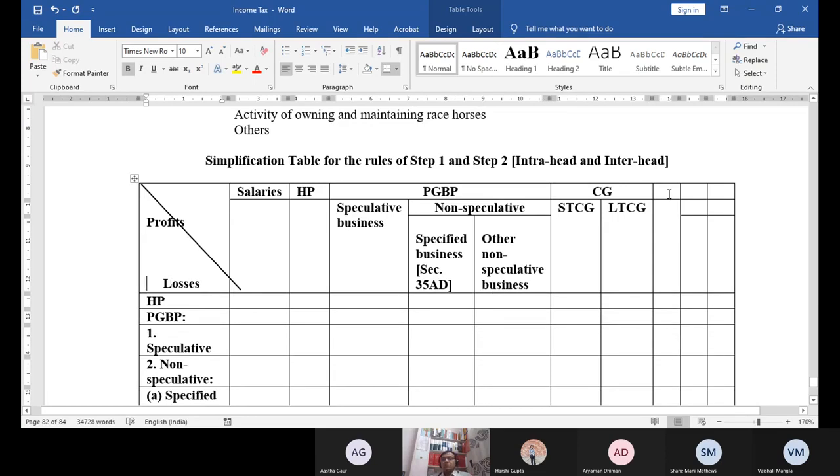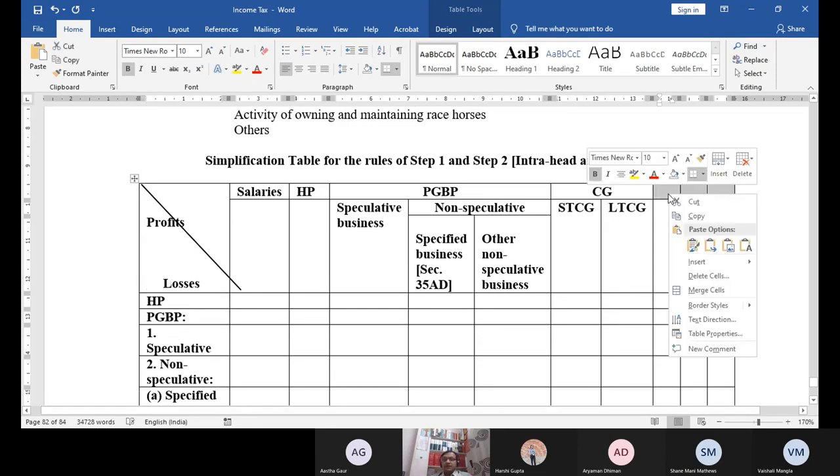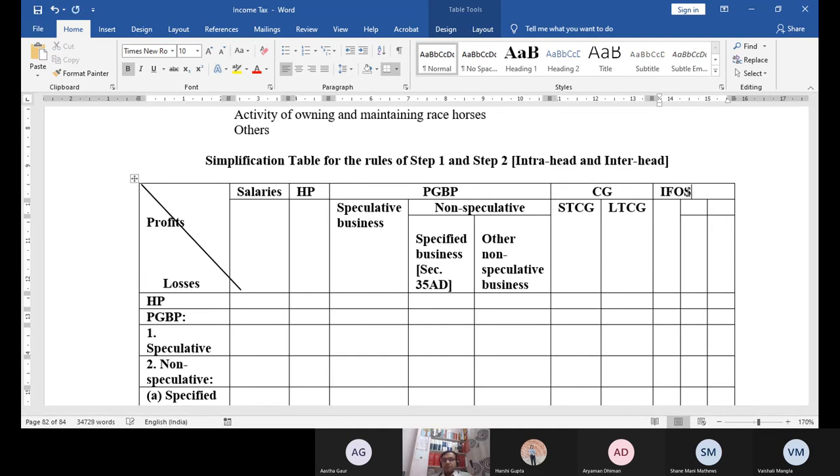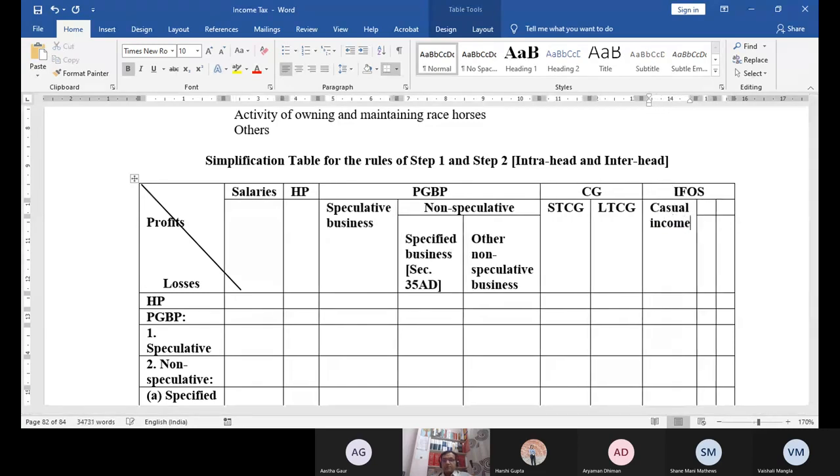Other sources. Within other sources, there are three categories. Gambling, casual incomes.